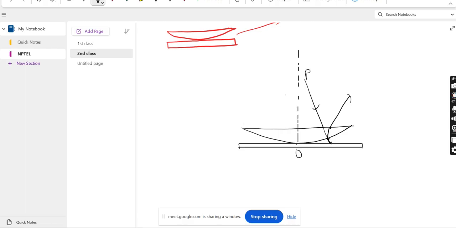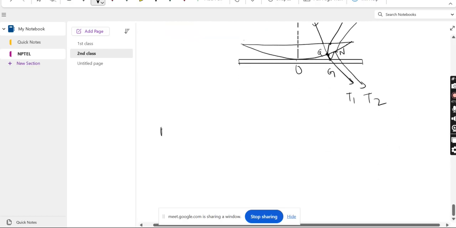Here, some of it goes back into reflection, some goes into transmission. And again at that point, some is transmitted and some is reflected. The points here are Q, G, N, and the beams are called R1, R2, T1, T2.